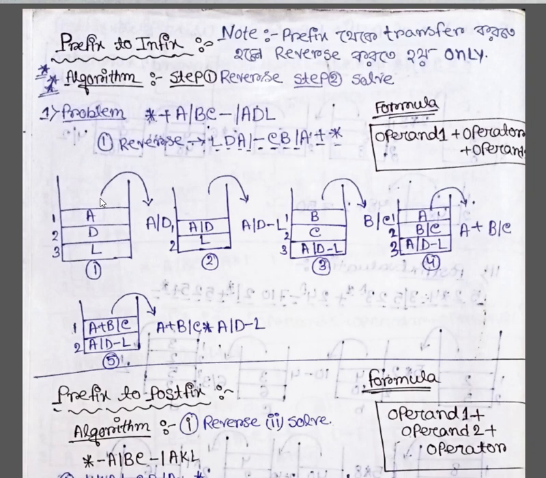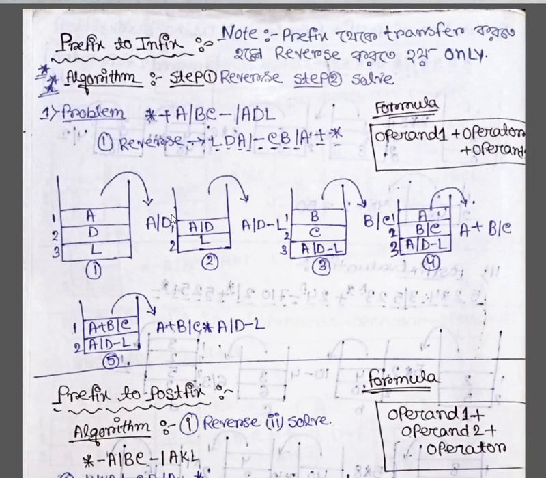So now we have to pop out. When we encounter any operator, then we have to pop out, and according to this formula, the numbering step will be 1, 2, 3 like this.